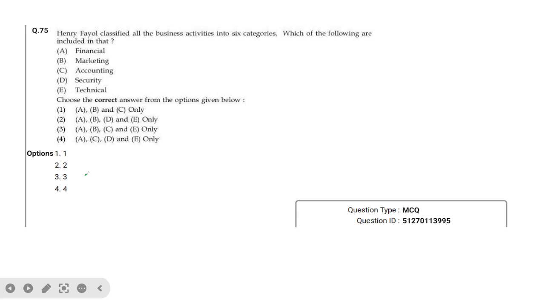Question number 75 is, Henry Fayol classified all the business activities into 6 categories. Which of the following are included in that?